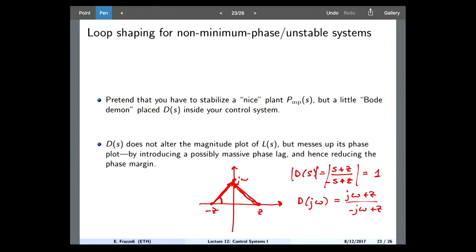Minus the phase of the denominator, which is this angle here. Okay? So this would be, say, 45 degrees minus, say, 135 degrees. So at this point it would be negative 180 or something, right? No, sorry, negative 90. Okay?